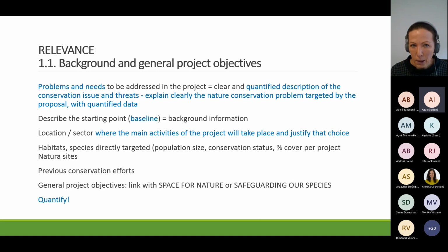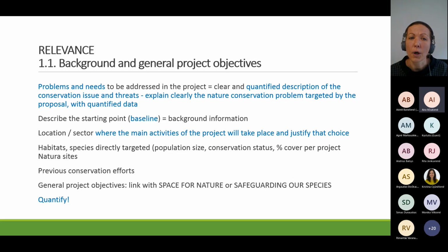I found it a bit puzzling that there is not much structure to this section. It just gives you the title and then general instruction on what should be included. So I tried myself to structure it somehow as much as we could, because this is a large section where you include a lot of information.